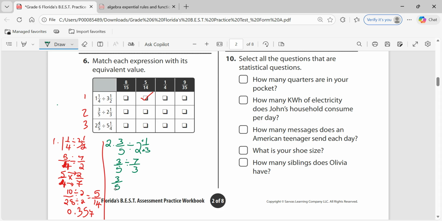So it's 3/5, keep, change, and flip. And then I multiply fractions by multiplying straight across, so that we get 9 over 35. So 9/35. That's already my answer. I don't even need to change it to a decimal. I'm good to go. All right, now I'm going to try number 3.